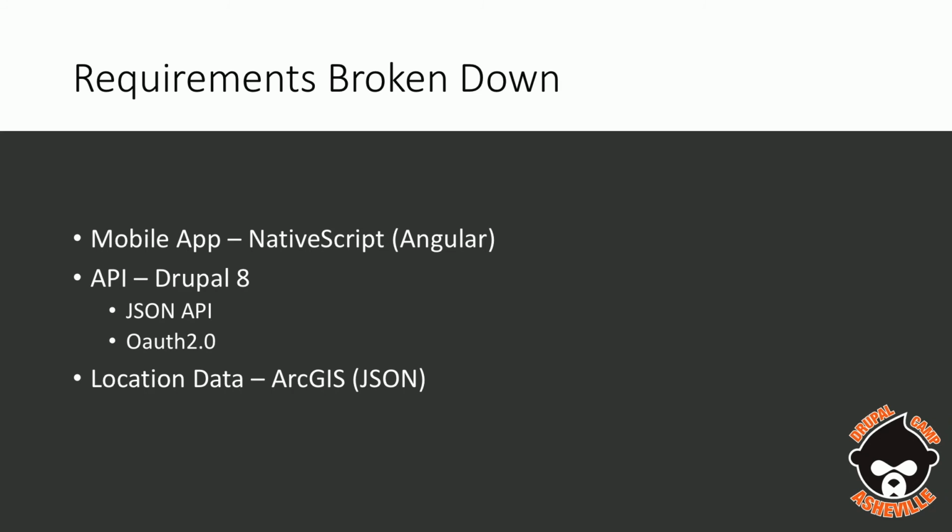So then what I did next was took these requirements and said, well, all right, what technologies am I going to use to meet these requirements? The mobile app part was easy because NativeScript allows you to use Angular, JavaScript, Vue.js, a number of JavaScript technologies to write code, and then NativeScript will compile that code into native iOS and native Android code for you.